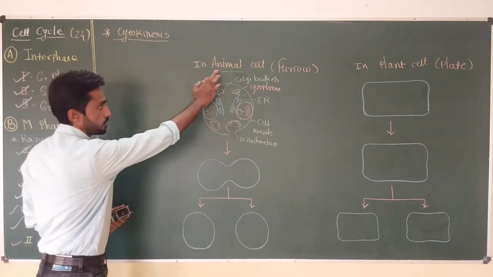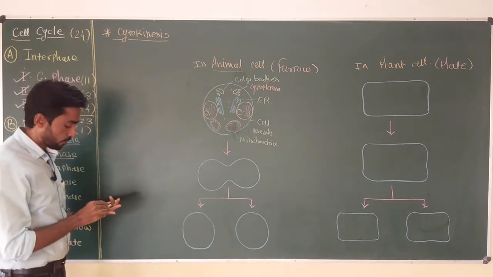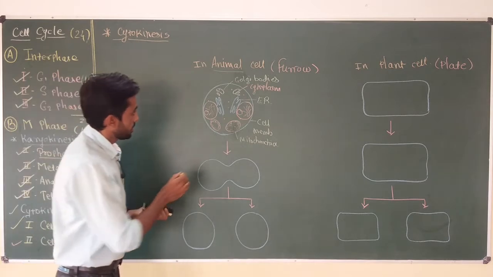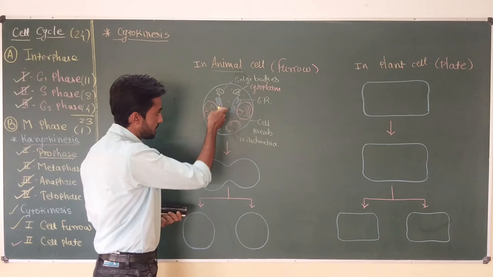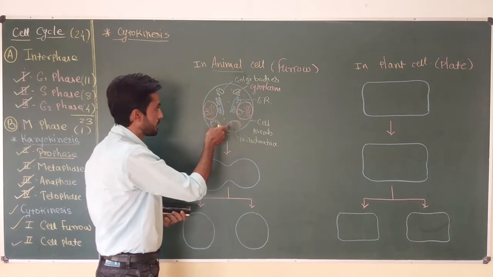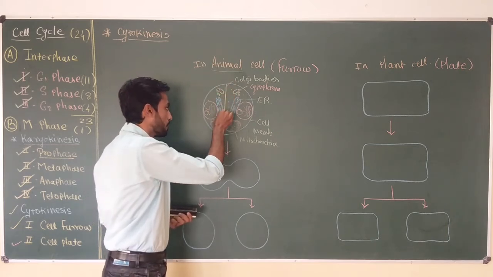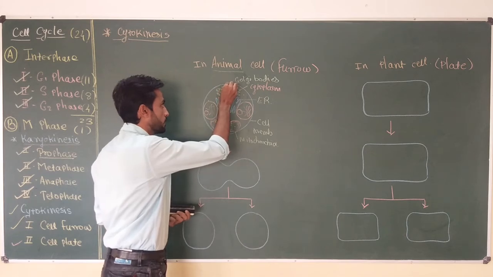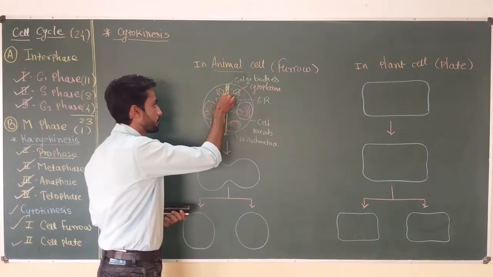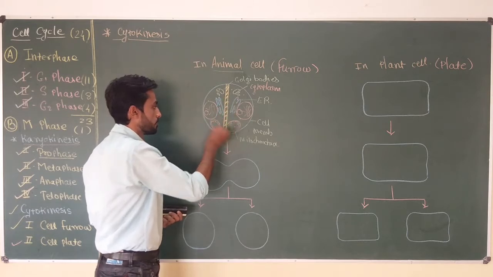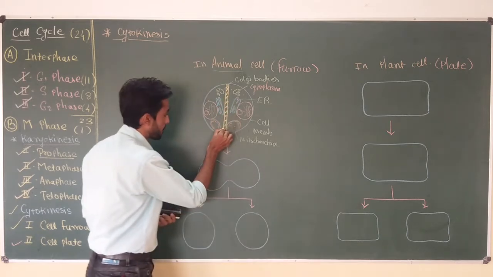Now, at the start of cytokinesis, what is going to happen? A ring is produced at the center of the cell, and that ring is called the contractile ring.